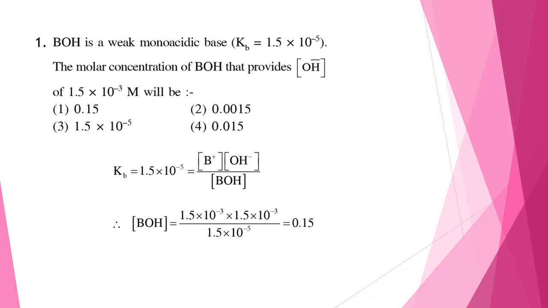We can find the concentration of BOH from this formula, because we know the concentration of B plus, that is 1.5 into 10 to the power minus 3, and we also know the concentration of OH negative, that is 1.5 into 10 to the power minus 3. So when we solve this we get 0.15. So the correct answer is option 1.